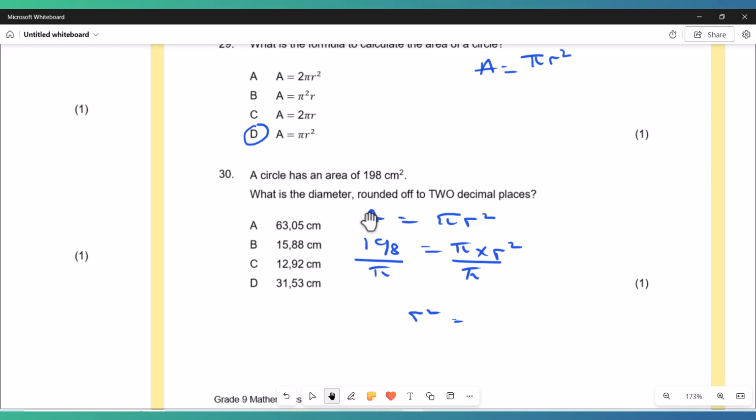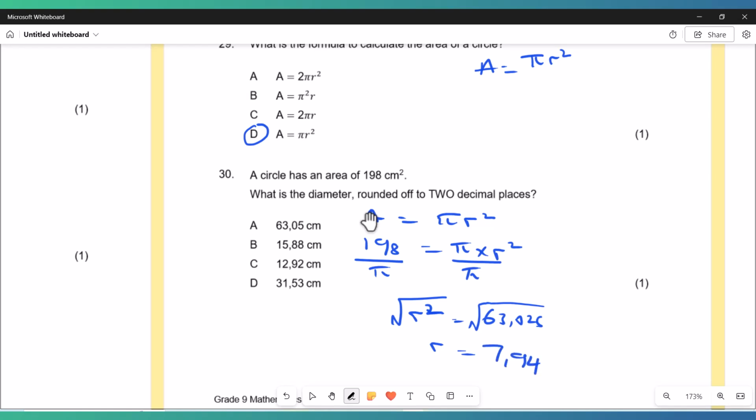It gives 63.0 something, so this is 63.025. Now to remove this square, I do the square root, so my radius. The square root of my answer here gives me 7.94.